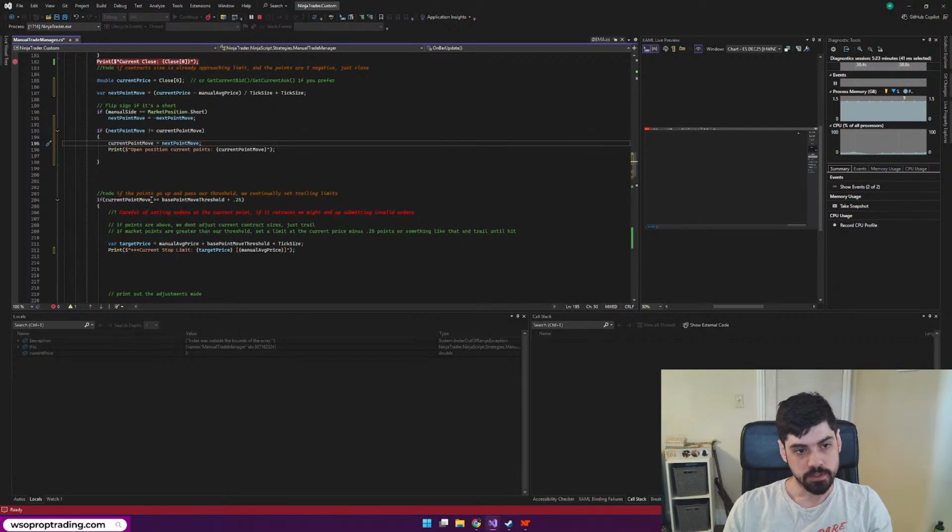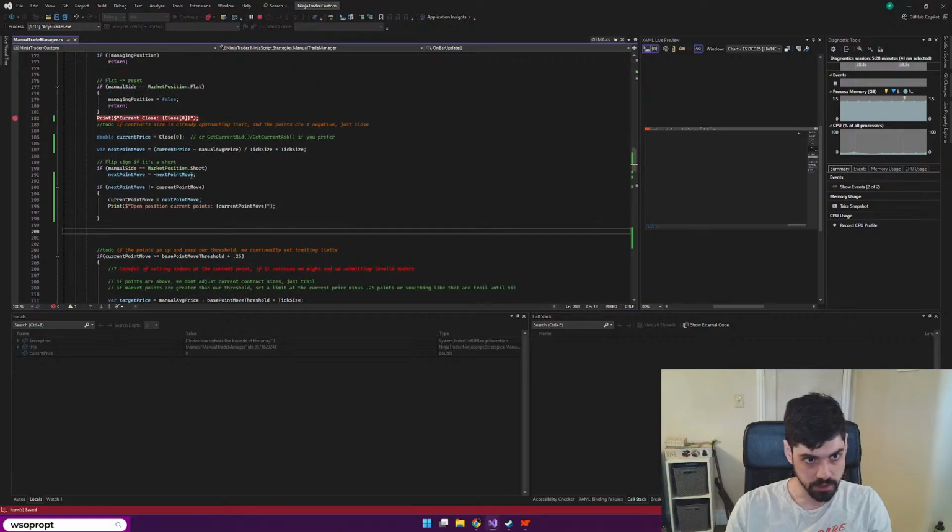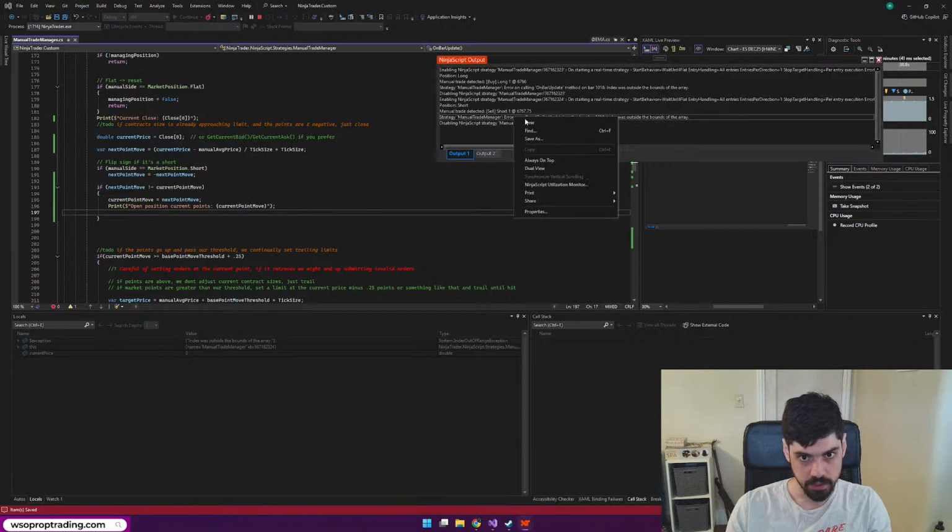Alright, I only want it to print if it's different. Yeah, Mr. Burp. Or if it's exceeding. That way it should clean up a lot of what we have printing out. Make it a bit easier to read.